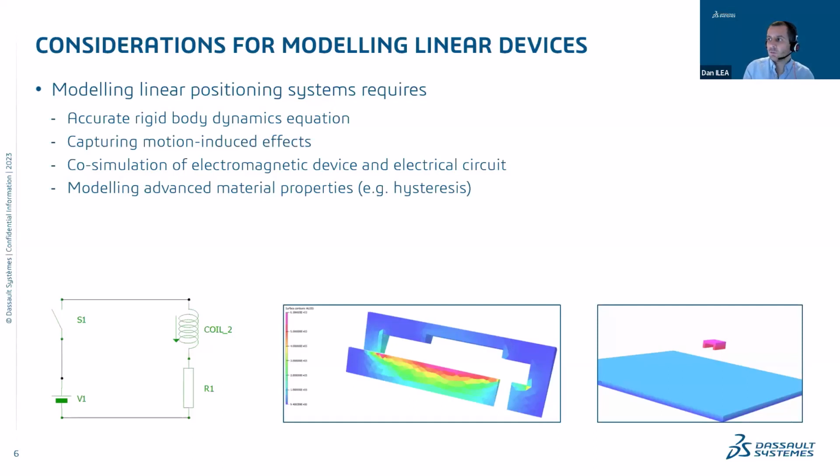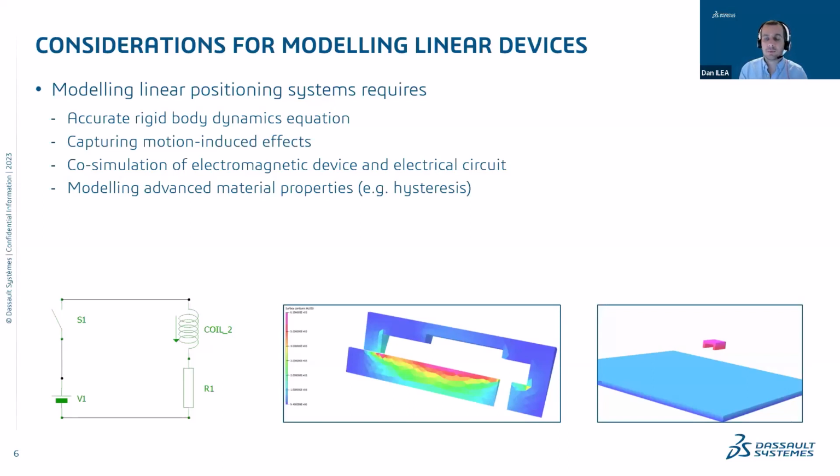And finally, what I will also cover is the importance of having an accurate and fully defined material model. There are obviously things like magnetic nonlinearity that need to be included, but also effects that depend very much on the type of steel that is used.